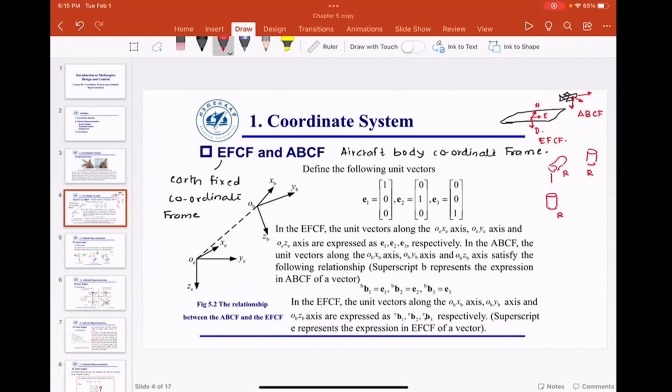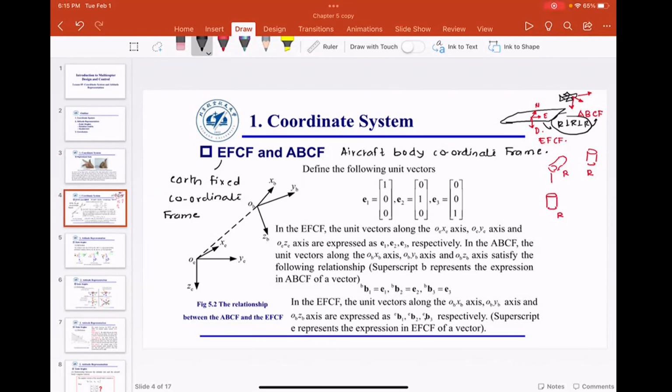So now I want you to visualize that there is some sort of a spherical wrist between the Earth fixed coordinate frame and aircraft body coordinate frame. In other words, there are three rotations that take the Earth fixed coordinate frame to the aircraft body coordinate frame. So think about it like there are three revolute joints here, R, perpendicular to R, perpendicular to R, that relate this Earth fixed to aircraft body coordinate frame.